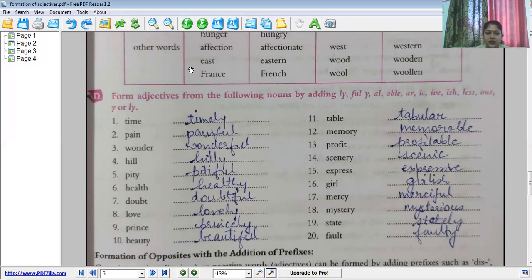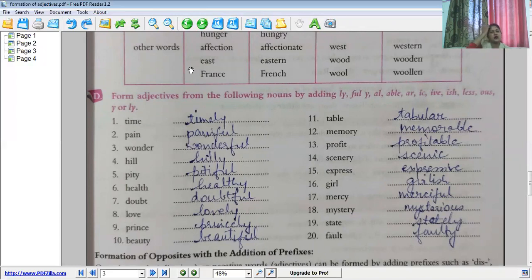Prince, princely. Beauty, beautiful. Table, tabular. Memory, memorable. Profit, profitable. Scenery, scenic. Express, expressive. Girl, girlish. Mercy, merciful. Mystery, mysterious. State, stately. Fault and faulty.